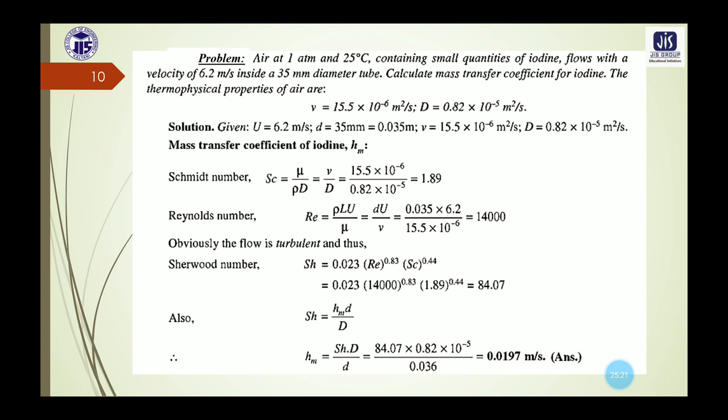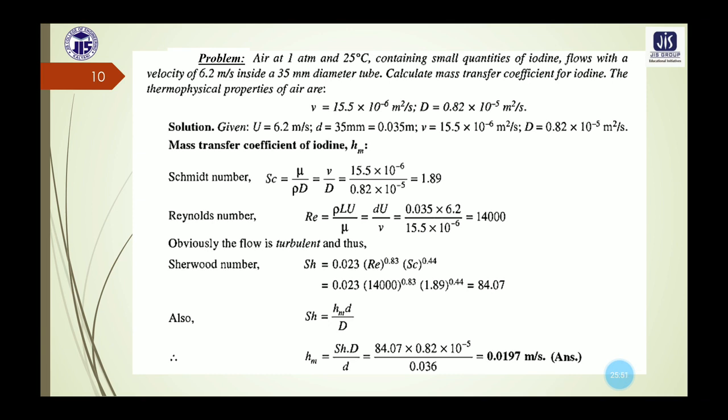The formula of the Schmidt number is mu by rho D, which is actually nu by D, because kinematic viscosity nu equals mu by rho, that is dynamic viscosity by density. So Schmidt number equals nu by D. The nu and D are given in this numerical, so the value of the Schmidt number we get is 1.89.